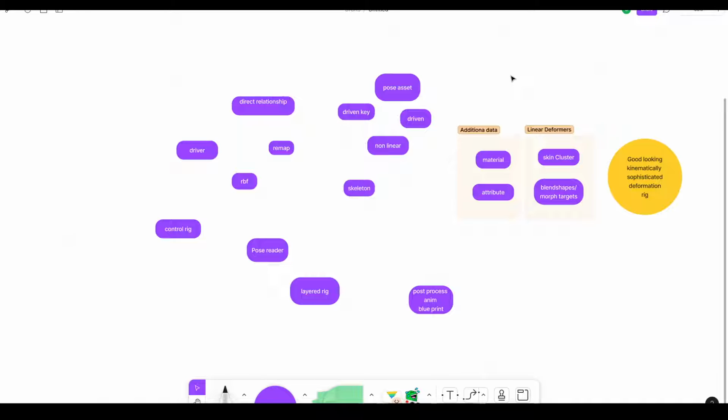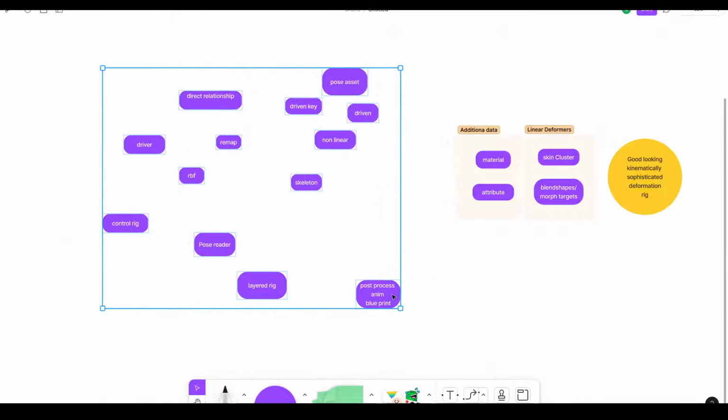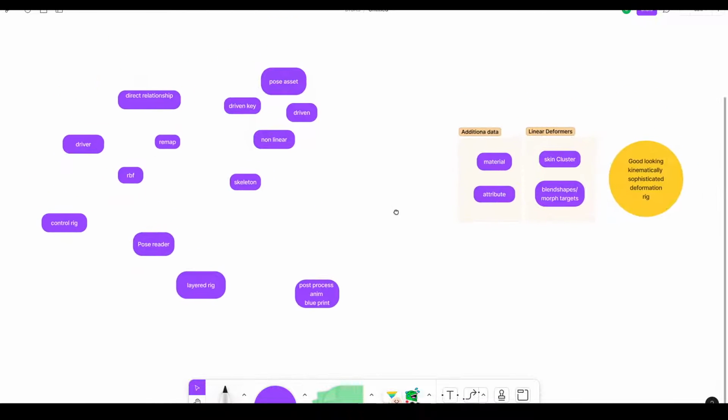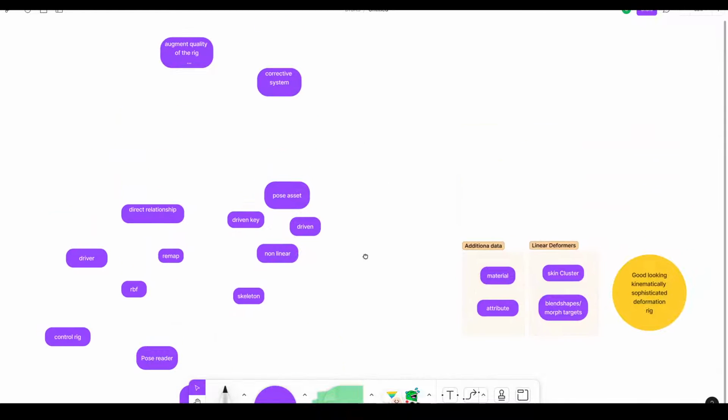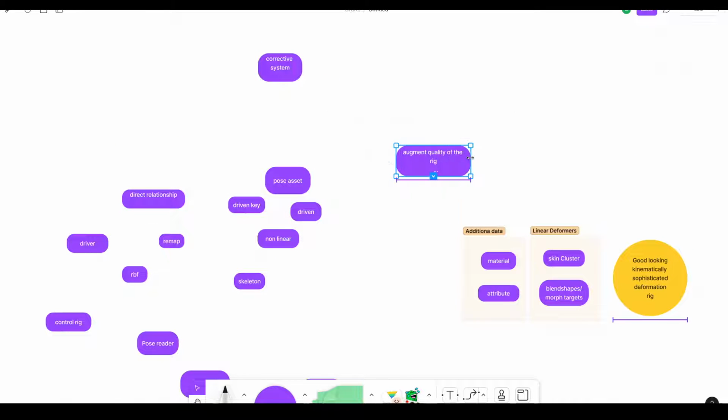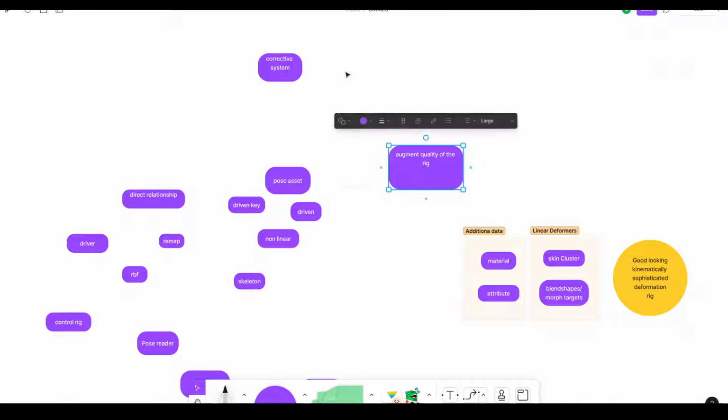For example, you want to have angles or bones or attributes driving some other joints that are not part of the main solving for the main body. All of this is part of the idea of augmenting the quality of the rig, and this is one of the goals.